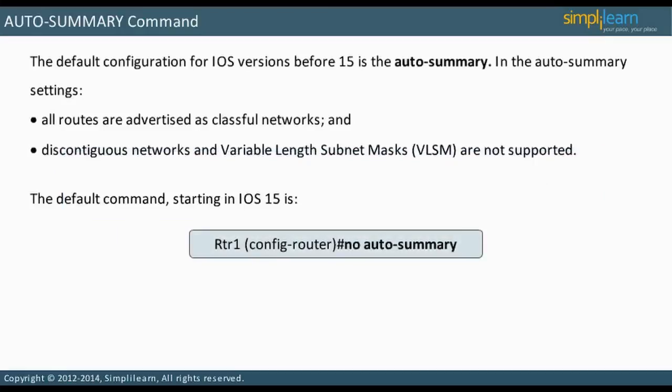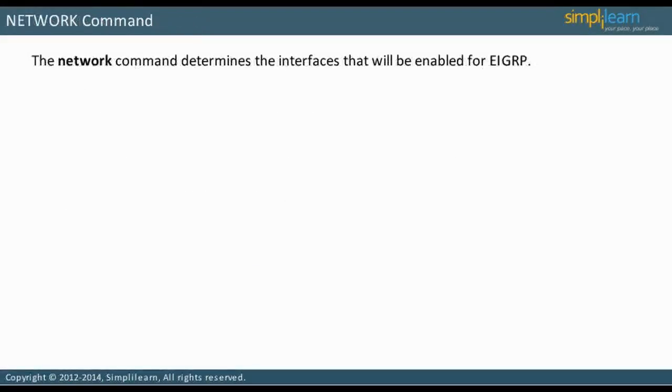In the next slide, we will discuss Network Command. The Network Command determines the interfaces that would be enabled for EIGRP. An interface is EIGRP enabled if the address of that interface lies within the subnet defined in the command. Click the button to see the command.